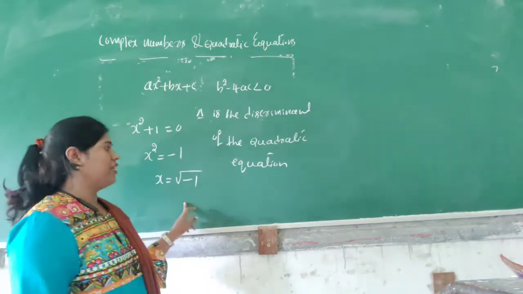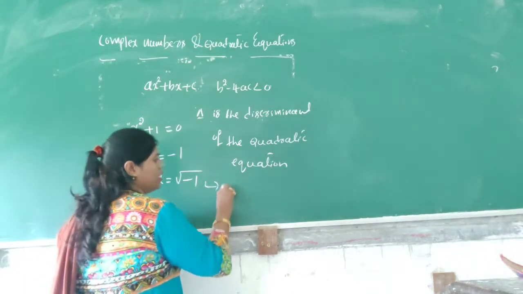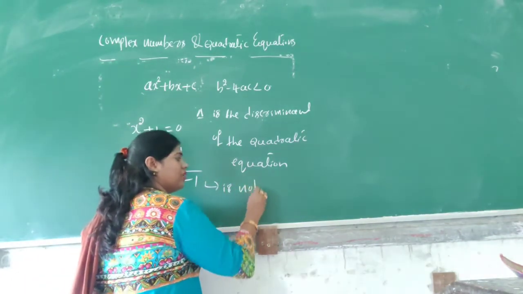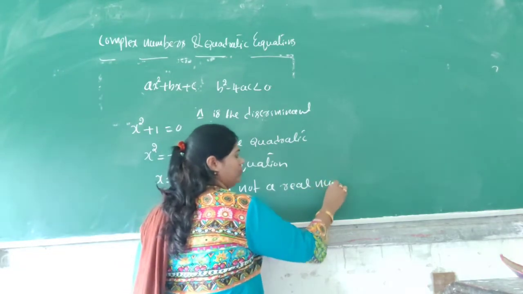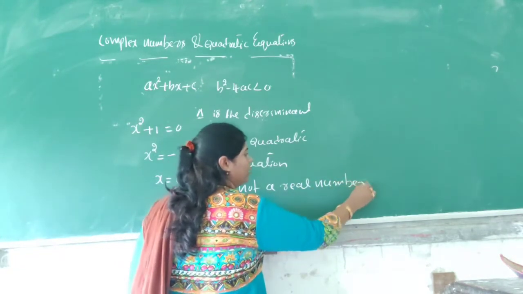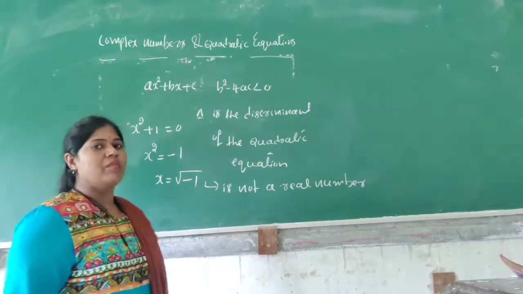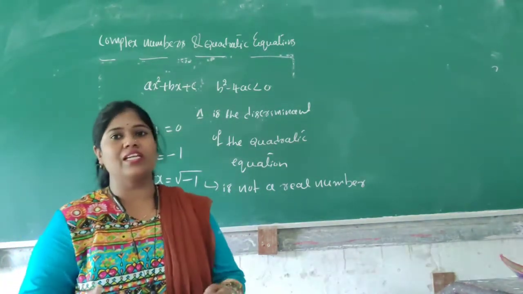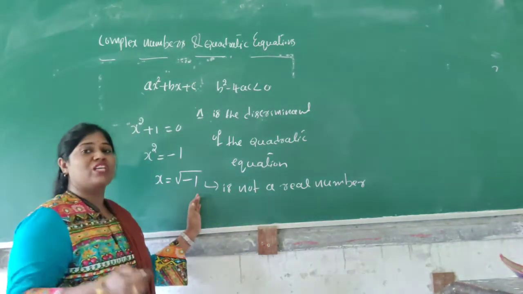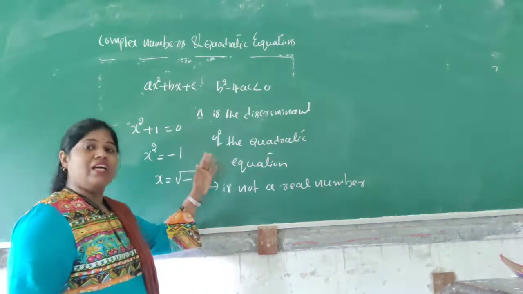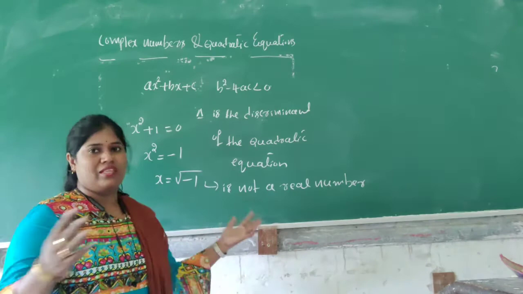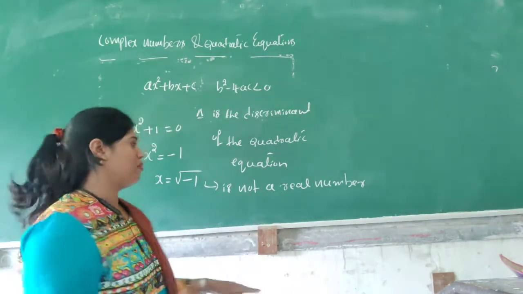This square root of minus 1 is not a real number, because it has no solution in the real numbers. We need to extend the real number system, and that is called complex numbers.